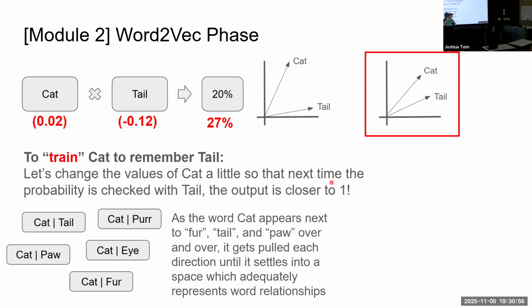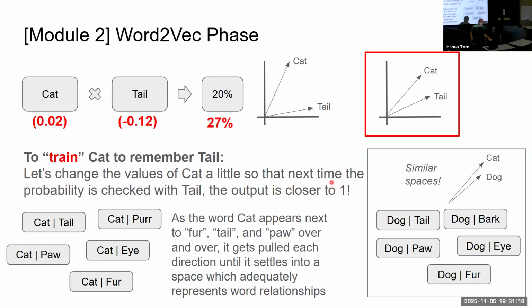And over time, we're able to get a vector for cat that has been nudged by paw, nudged by tail, nudged by whisker 100,000 times, so that at that point, that is how it relates to all of those features. That's a leap in abstraction, but you can kind of think about it this way.